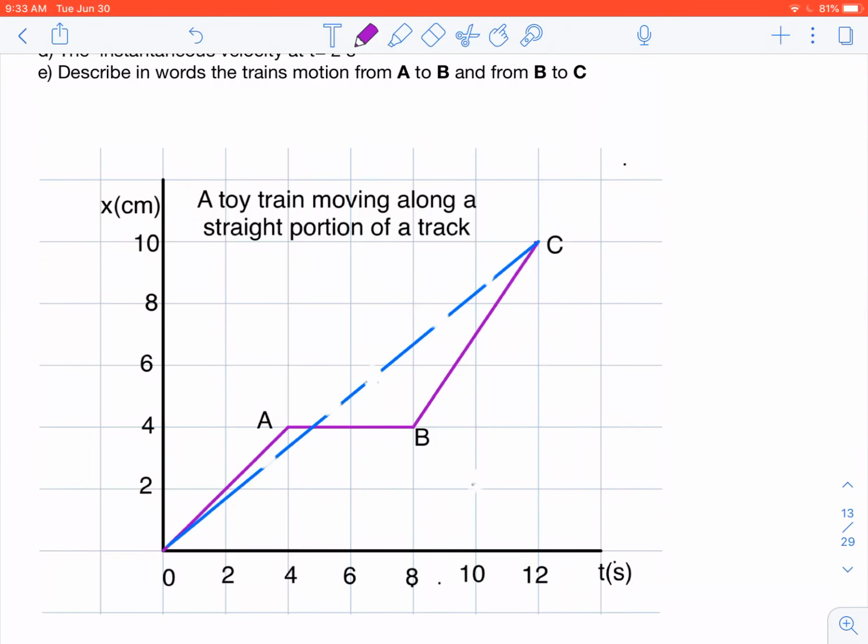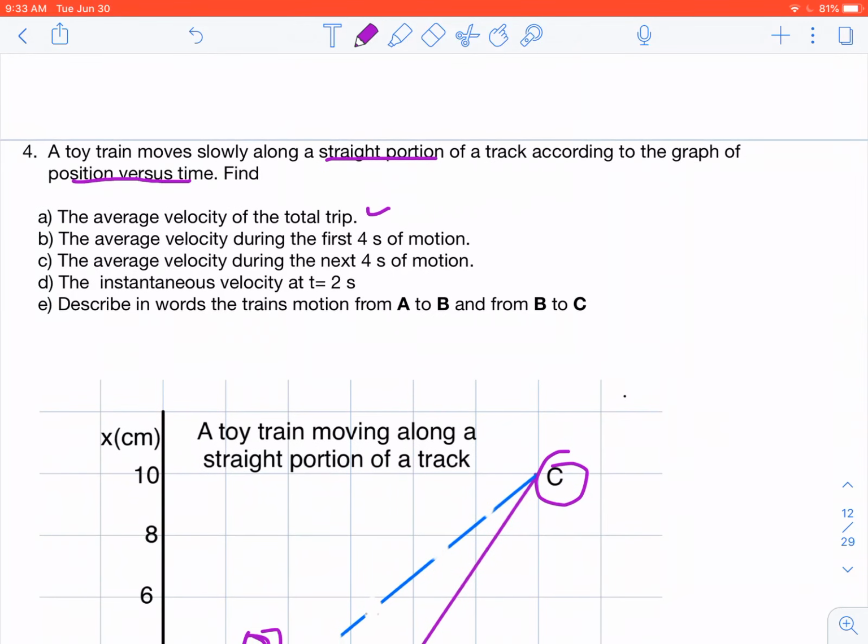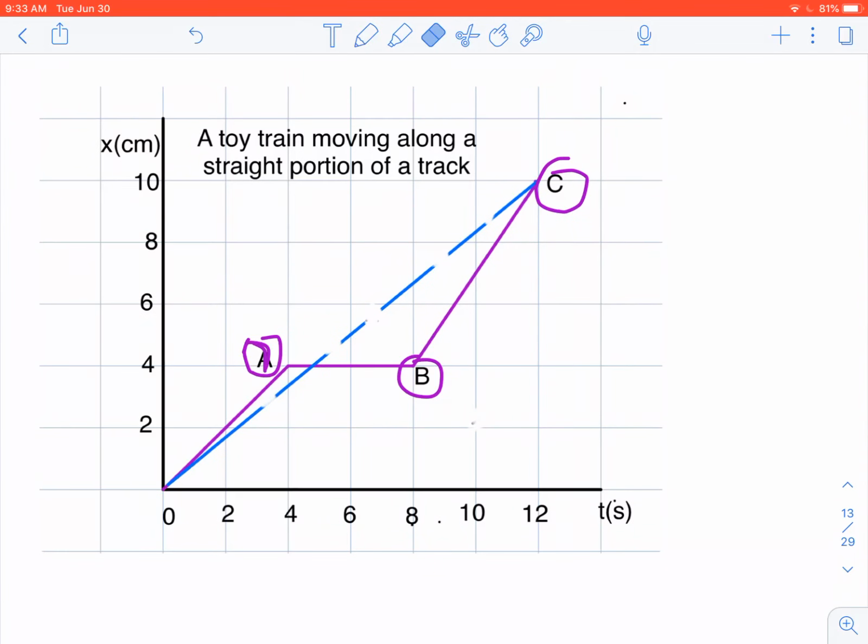It moves from 0 to A, then to B, and then it's at C. Our position is in centimeters and our time is in seconds.